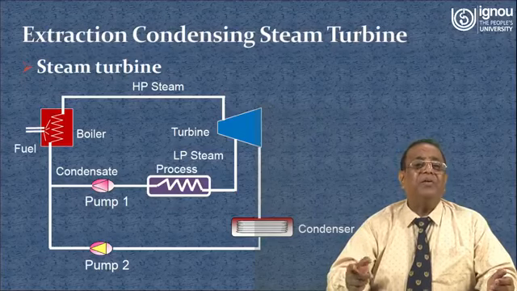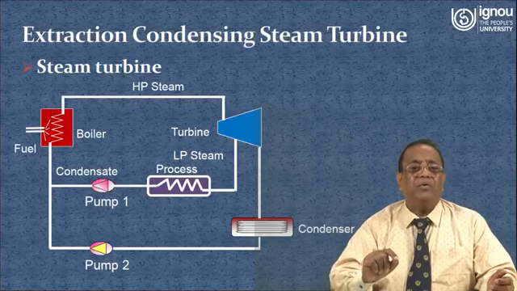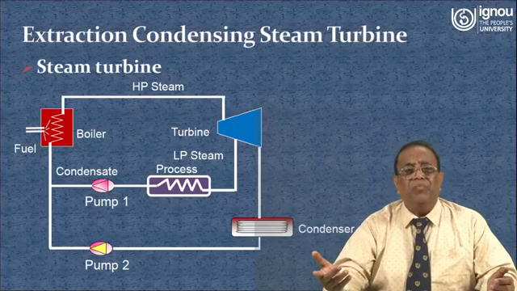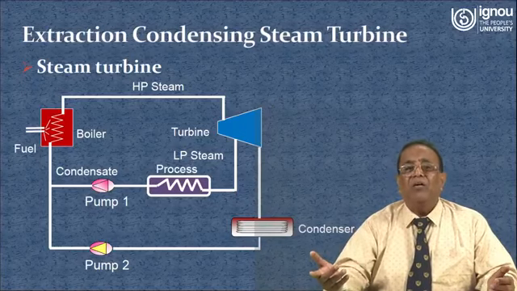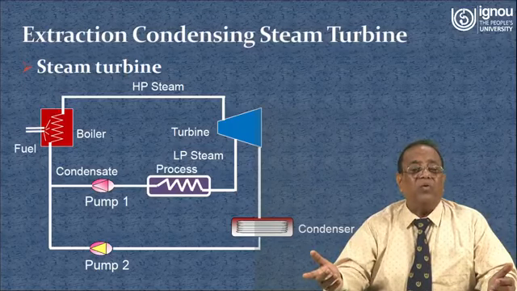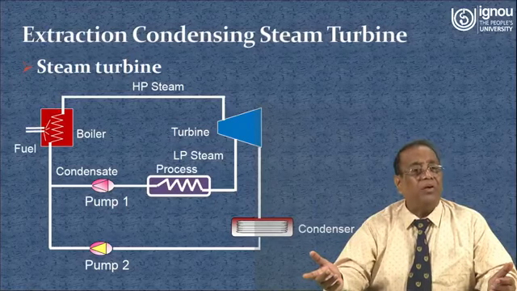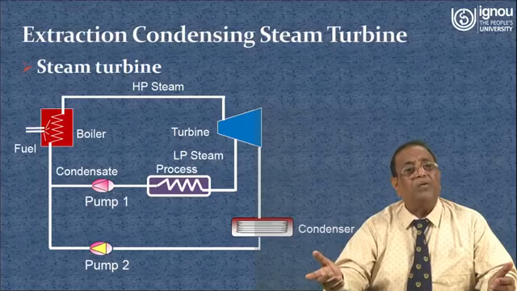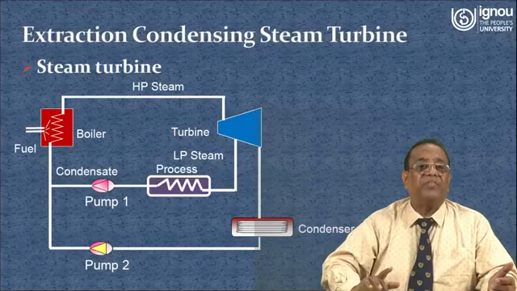After that, when it is condensed, it is sent by the pump again to the boiler. The remaining steam will further expand in the turbine, and after that the low pressure, low temperature steam passes through the condenser and is condensed into water, and pump 2 sends that water back to the boiler to complete the process.